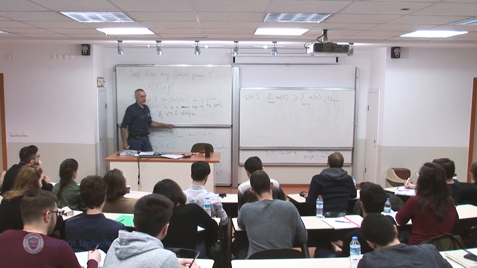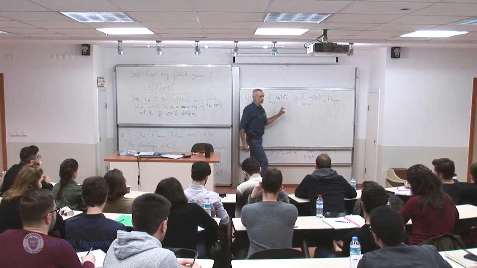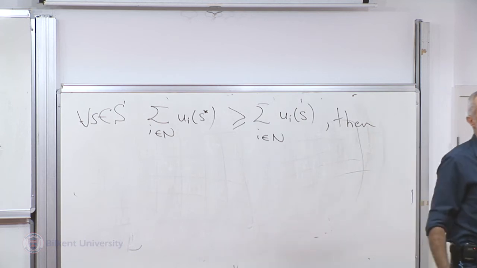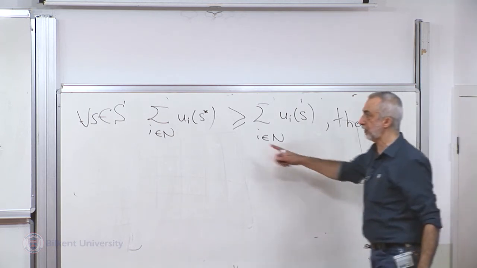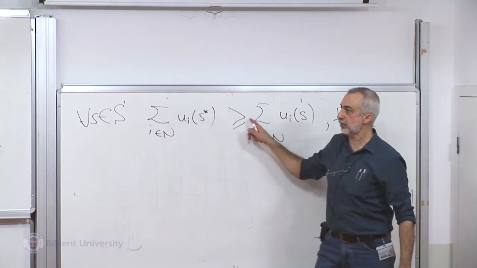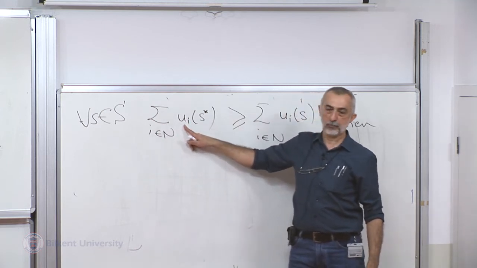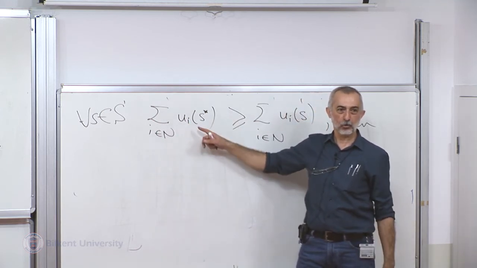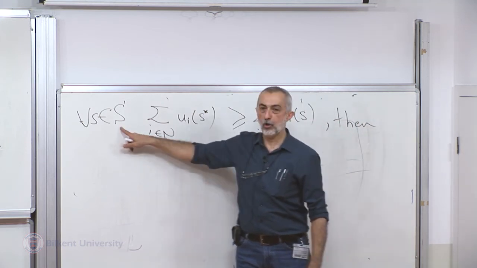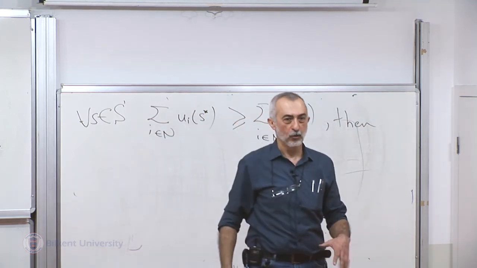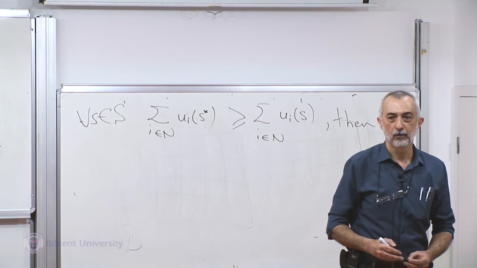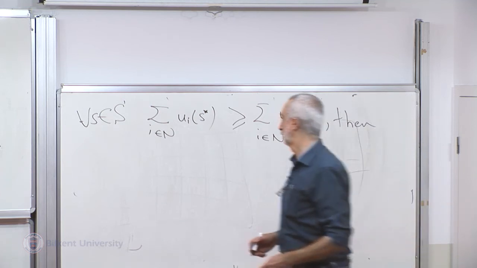So S star is a profile which maximizes the sum of the numeric representations, I'll use the short way, utility functions, over the set of strategy profiles. What does that say about S star? It's Pareto efficient.